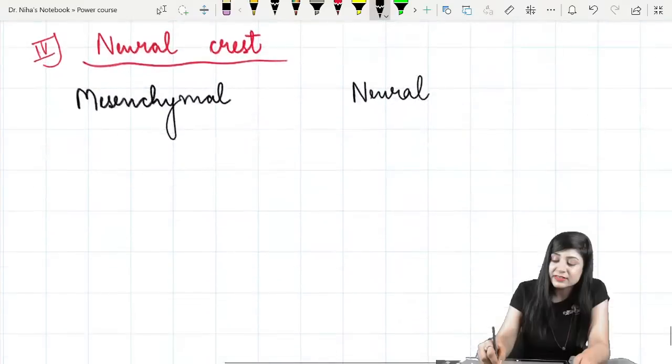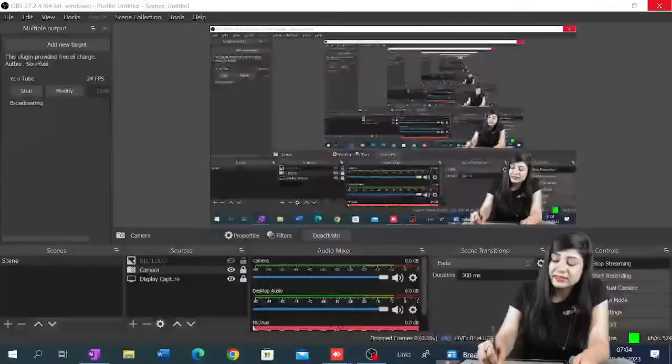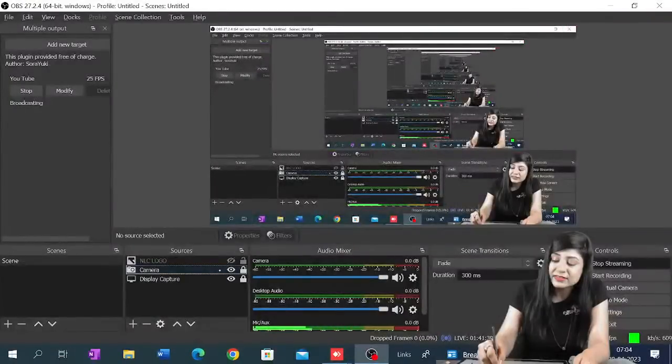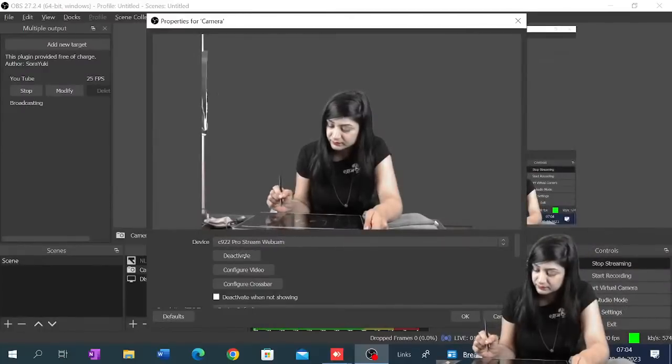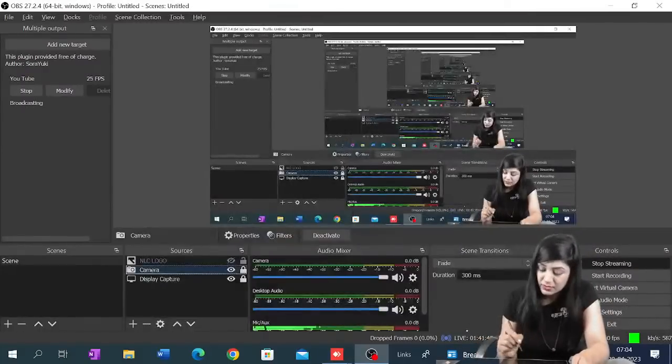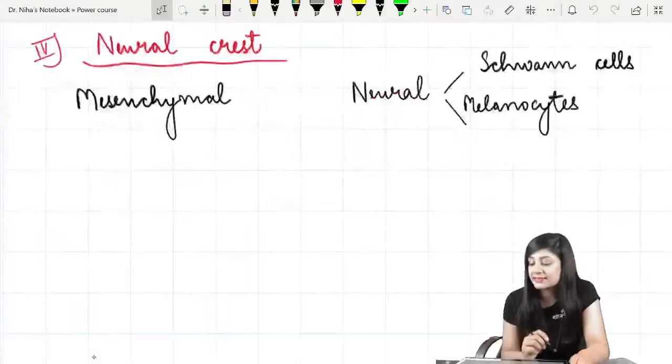Now, the neural part will give rise to only 2 things: the Schwann cells and the melanocytes.